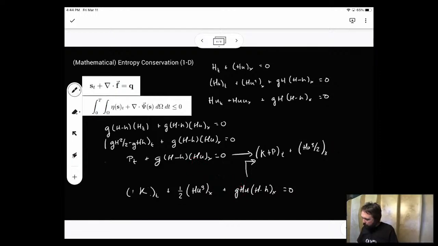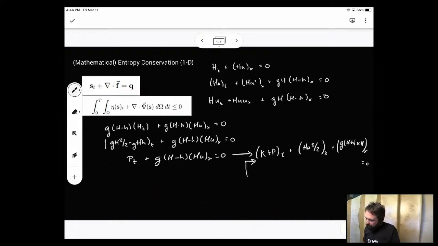Whoops, get the pen back. And so what I've got left here is g(h minus H) uh dx, all equal to 0, running out of space there. So if I were to combine all this together, K plus P is the total energy, and then I've got hu cubed on 2 plus g(h minus H)hu, dx equals 0.